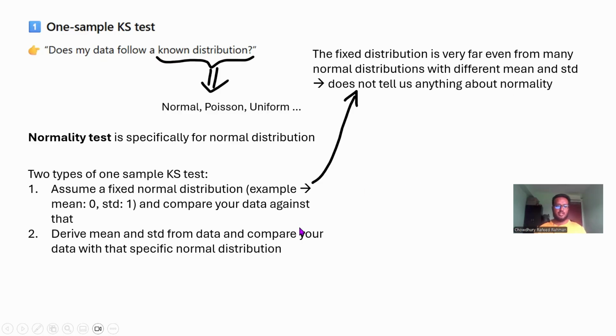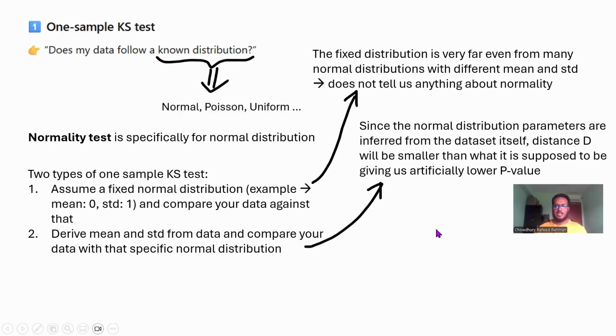Now let's see case number two. What is the problem with this one? In case number two, the normal distribution parameters are inferred from the dataset itself. The mean and standard deviation are obtained from the data, so the normal distribution itself is obtained from the data. That is why the distance d that is calculated in the KS test is going to be smaller than it is supposed to be, and it will give us an artificially lower p-value.